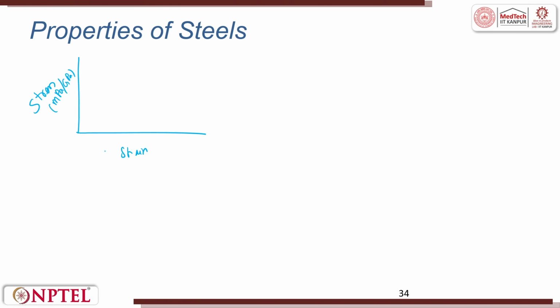Here it is percentage of strain, right. So, it is a unitless quantity. So, you can have varying steel properties.